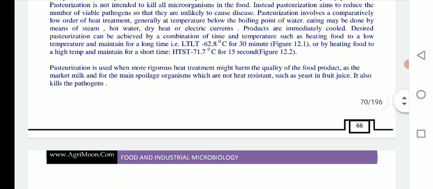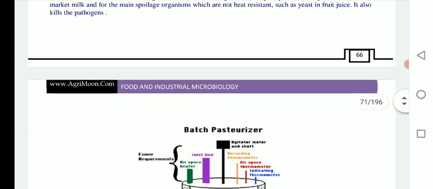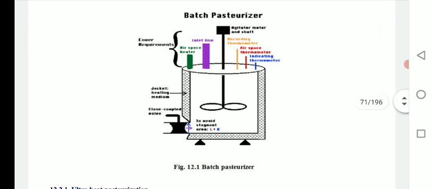This process of pasteurization is not carried out for preservation or processing of many foods, but it is carried out in some foods, especially liquid foods, in milk as well as other milk related products, some juices, and some beverages. This is how a batch pasteurizer looks, and you can see in this diagram the picture showing a batch pasteurizer.